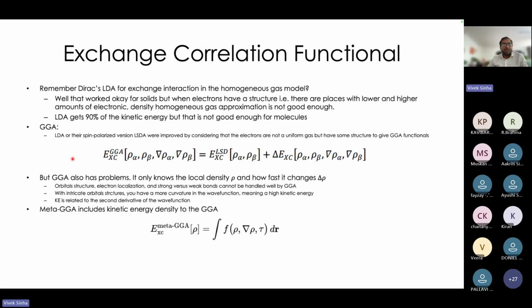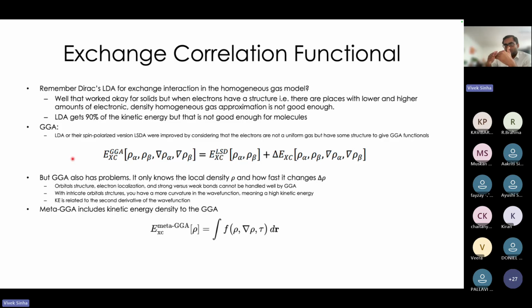So to improve upon LDA, what does LDA say? LDA says that the exchange interaction depends on the density at that point, the electronic density, right? To improve upon the LDA, you say no, it's not a homogeneous gas. There is also a little bit of structure. How do I get that structure? I'll also take the derivative of the density, and then I will include it in my exchange correlation term.